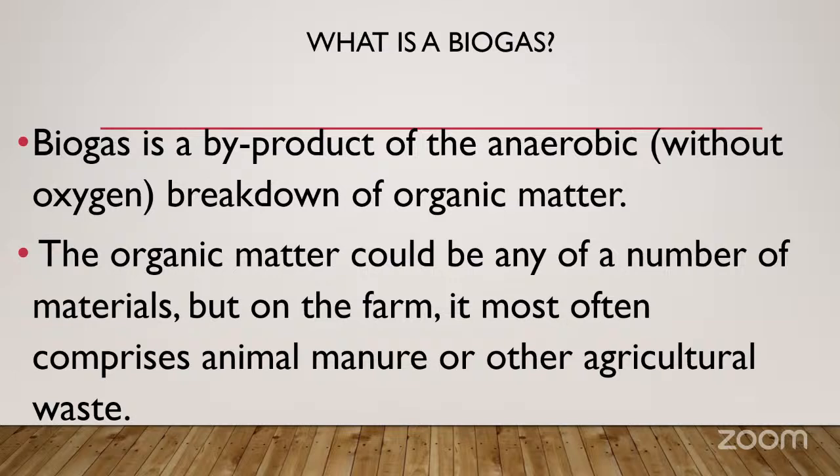When I'm talking about organic matter, it may be from animal waste, or it may be from crop waste. The organic matter could be any of a number of materials from farms, from cities as waste, from animal manure, or as agricultural waste.